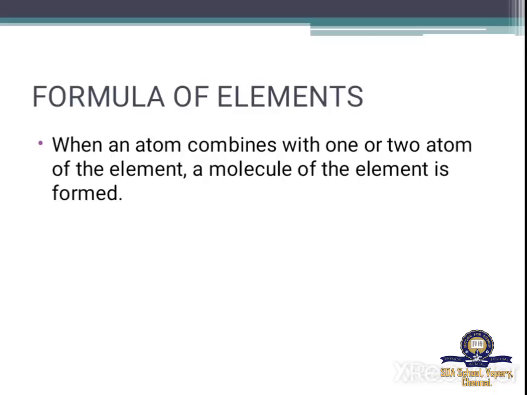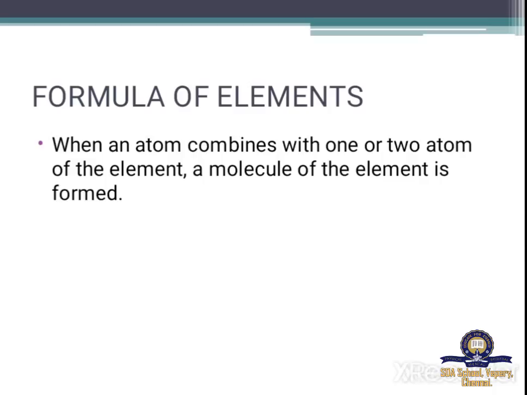Now, when we are talking about the formula, it has been divided into two. First one is the formula of an element and the next one is the formula of a compound. In today's class, we are going to see the formula of elements. When atoms combine with one or two atoms of the element, a molecule of the element is formed.